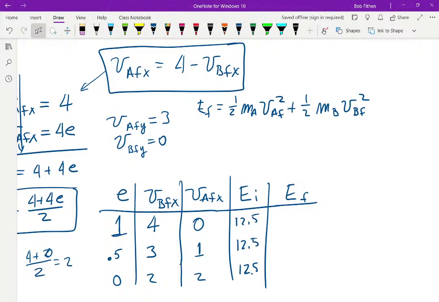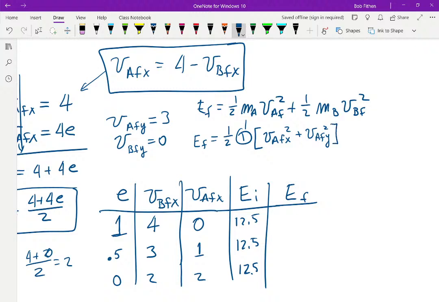And now, let's look at it like this. 1/2, the mass is just 1. What is VA final? I'm going to write it down, then I'm going to put the numbers. VA final X squared plus VA final Y squared.